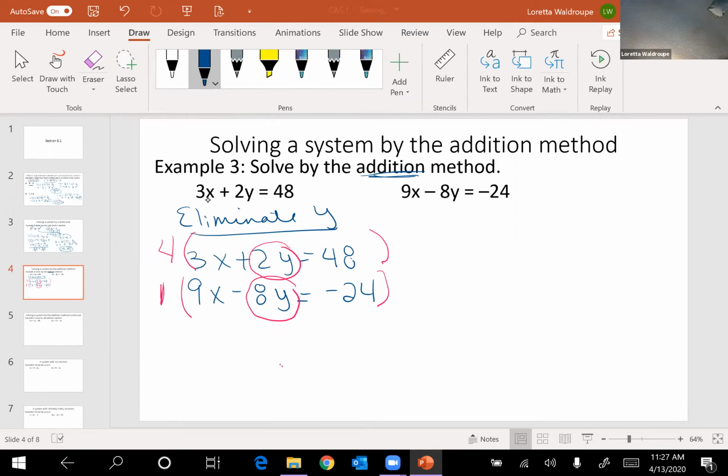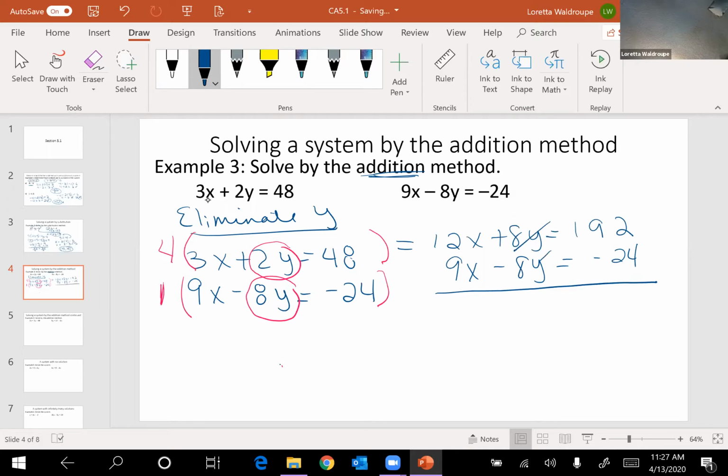So when I multiply, I get 12x plus 8y equals 192, and 9x minus 8y equals a negative 24. When I add those equations, look at what happens to those y's.